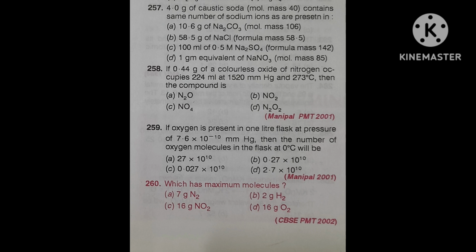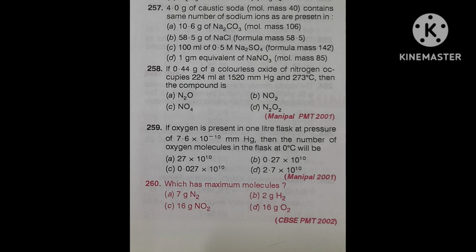For 1 mole, its value is 8.314 liter atm per Kelvin, and the temperature is 0 degree, which means 273 plus 0, so you convert it into Kelvin, 273 K.